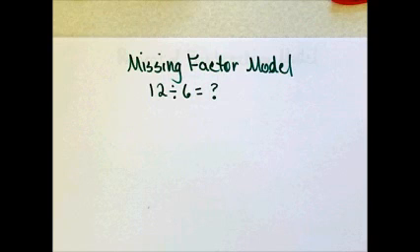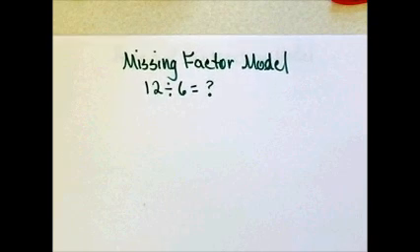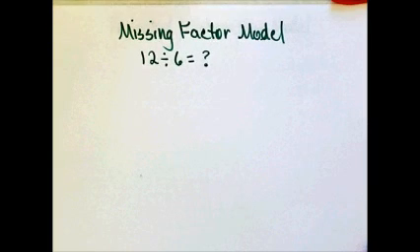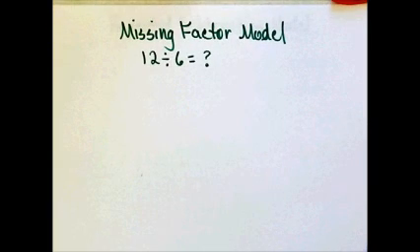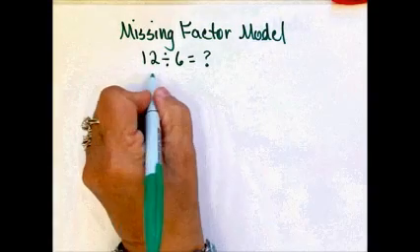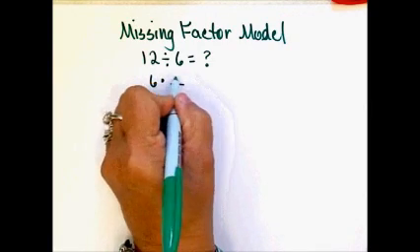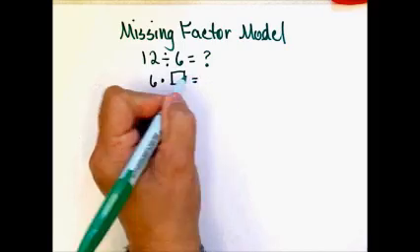Okay, so in order to look at the missing factor model, I need to think about what is the related multiplication statement that would go with 12 divided by 6. And that would be 6 times some number equals 12.